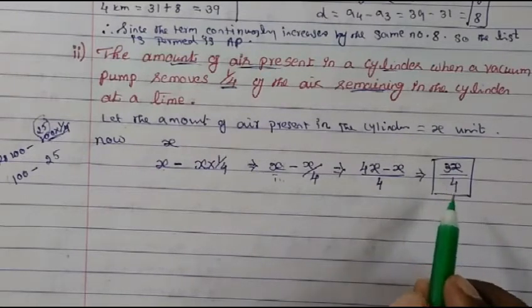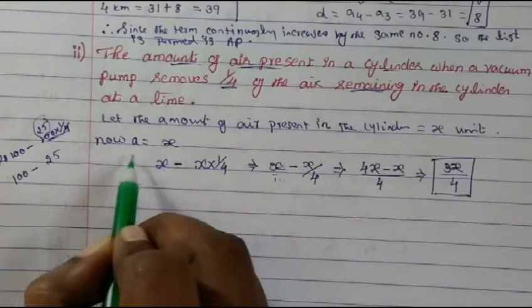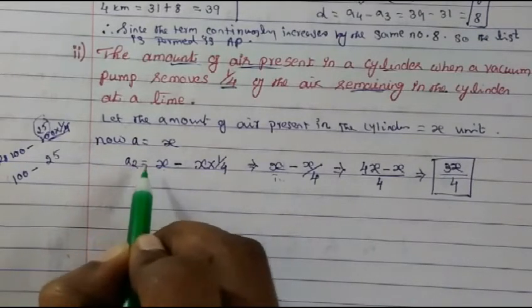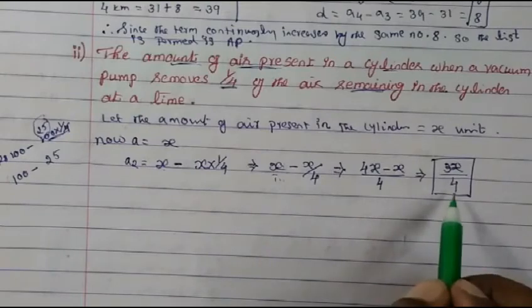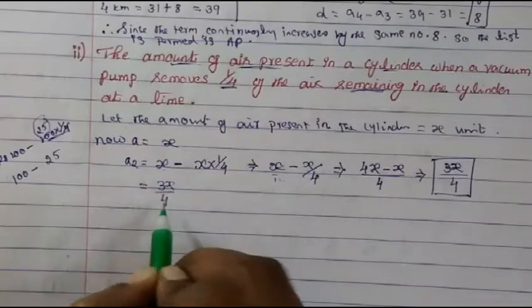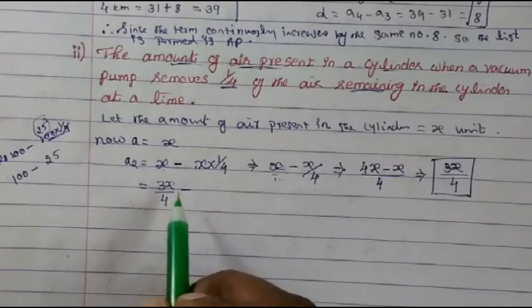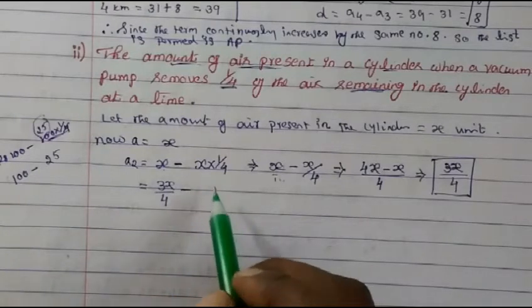Now how much air are we having? So this is the first step. I would say this is our A, then this is our A2. This is the amount now present. So now how much are we having in the cylinder? 3x upon 4 air is present. In that, 1/4 of the air we have to pump out.